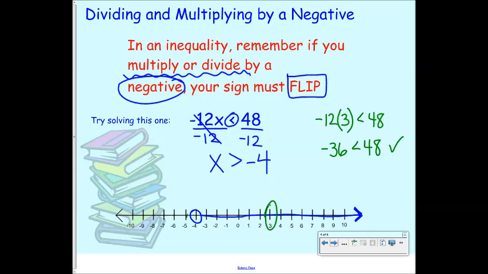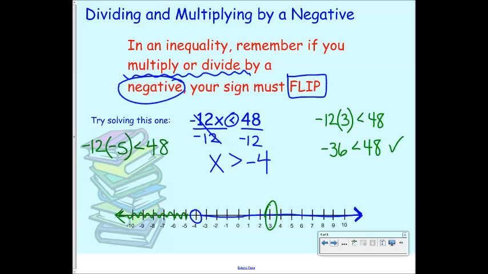Okay? If I had not flipped my sign and I had put my arrow, I'm going to write this arrow here, but this is not correct, so we're going to ultimately erase it. So if I had not flipped my sign and put my arrow this way, pick a number that's in here. So let's go with negative 5, because it'll be a little bit easier. So negative 12 times negative 5 is less than 48.